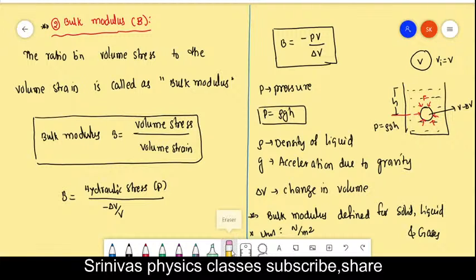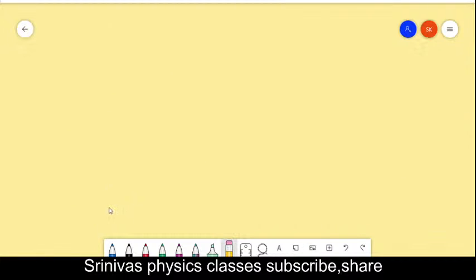Now in the bulk modulus there is a little definition also. Compressibility I am going to explain next. What is compressibility? It is the reciprocal of bulk modulus.